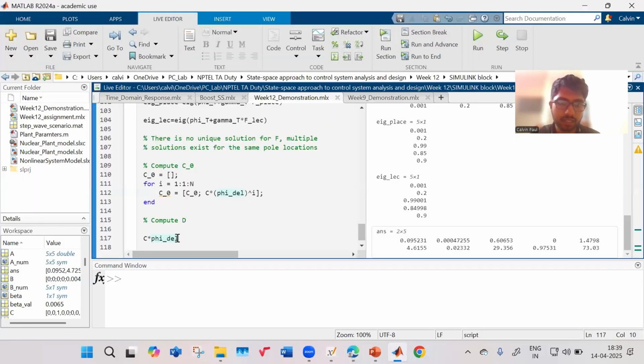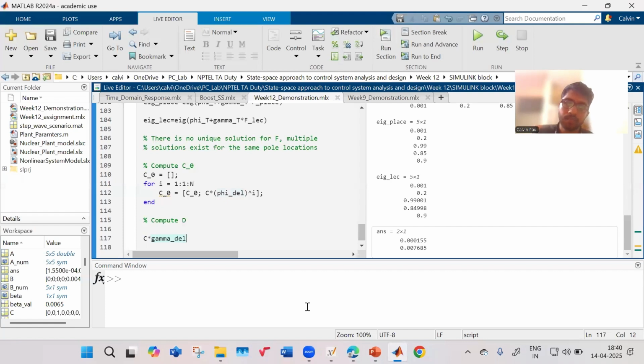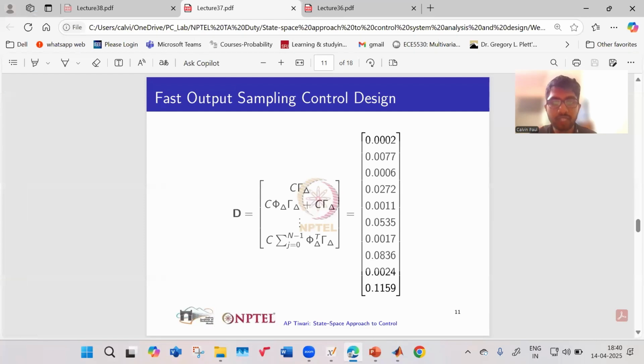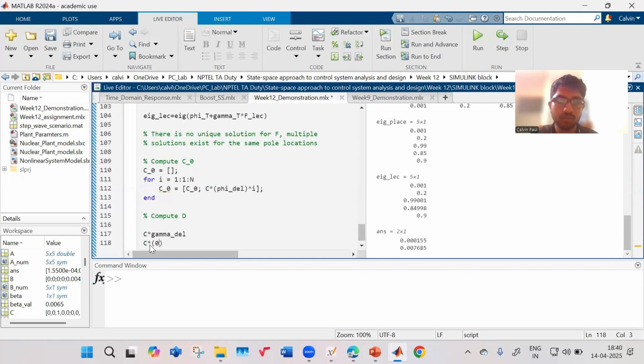No, this is not C into phi delta, this is C into gamma delta. So C into gamma del is 0.00155, 0.00768. Okay. Then we have C into gamma del, C phi del into gamma del plus phi del. Okay. So it is C into phi underscore del plus gamma underscore del.